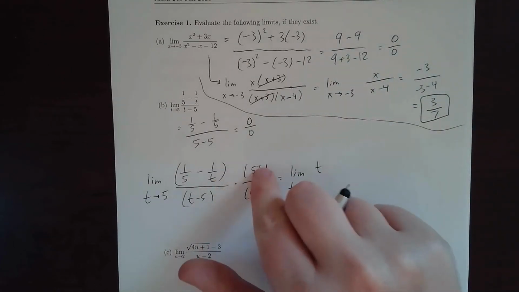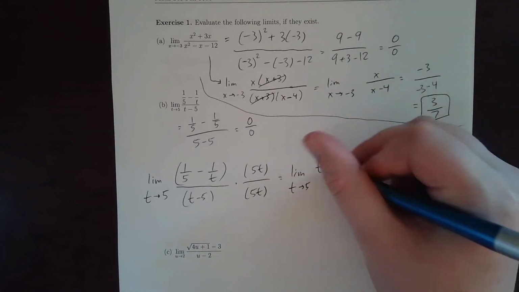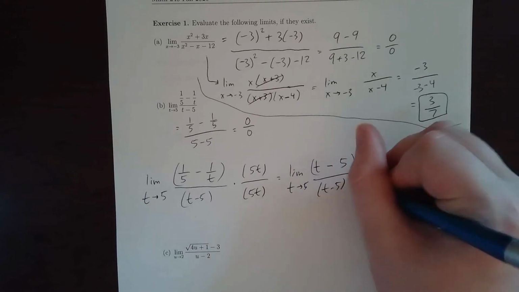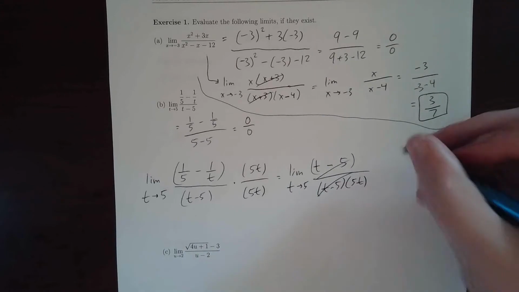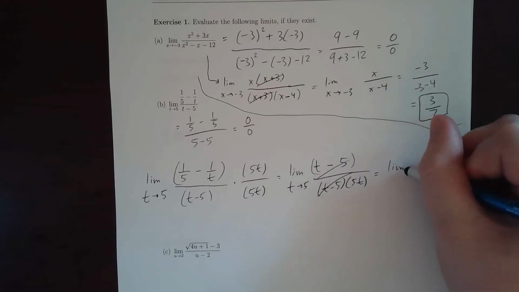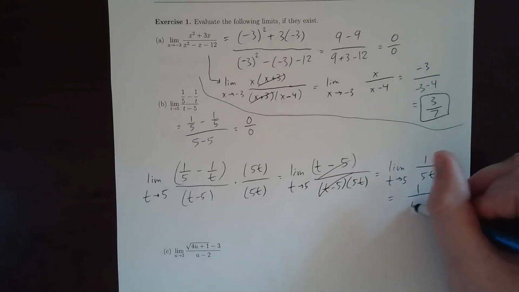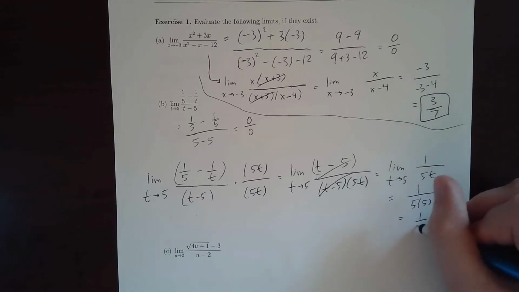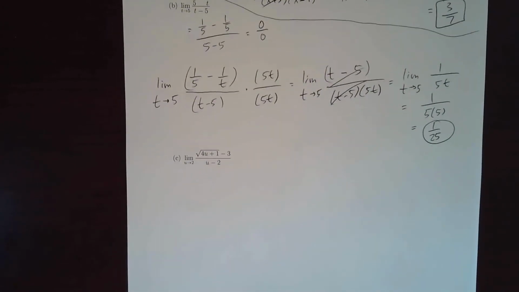If we multiply 5t times negative 1 over t, we'll get minus 5, divided by (t minus 5) times 5t. And so now these t minus 5's cancel, and we'll get the limit as t approaches 5 of 1 over 5t, which will just be 1 over 5 times 5, or 1 over 25. All right, so that's 2 down.